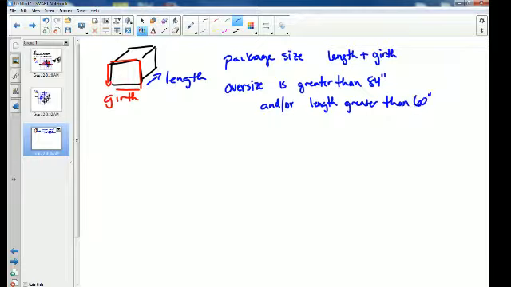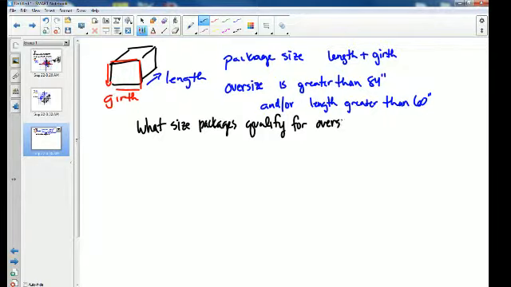So here's the question: what size packages qualify for oversize and length greater than 60 inches?